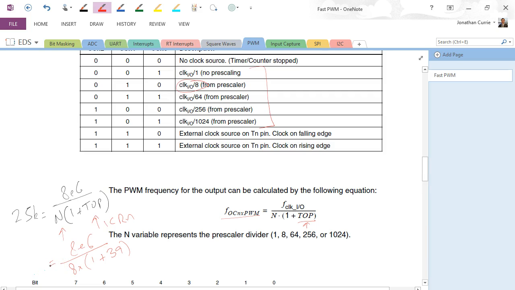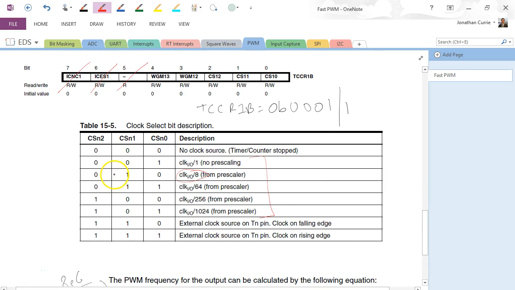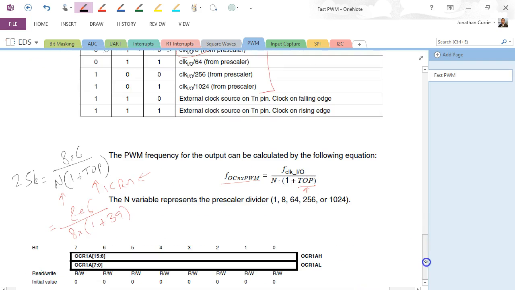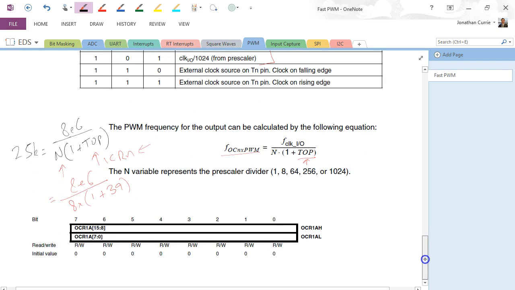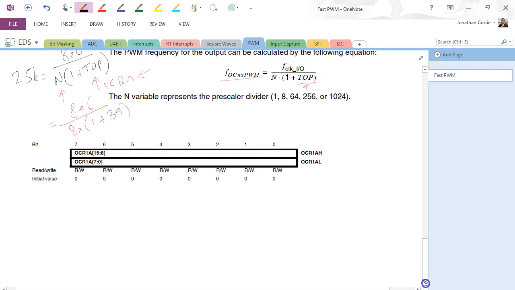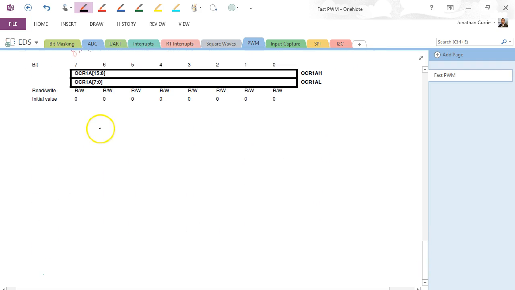So once again, we've managed to set a particular frequency we want by using ICRn, or ICR1 for this, and a prescaler of 8. Therefore our clock select bits will be 0, 1, 0. Alright, there's our setup complete.